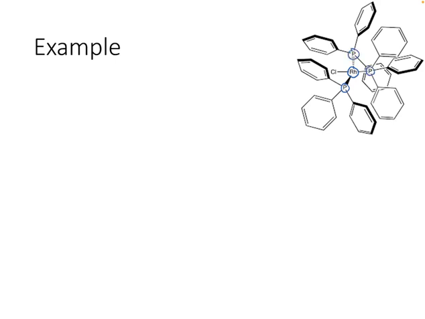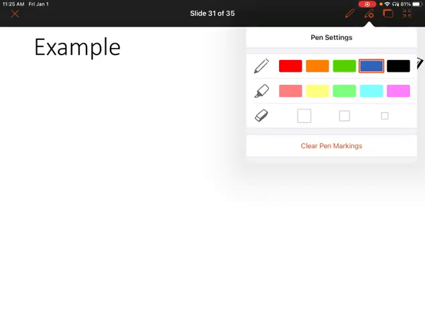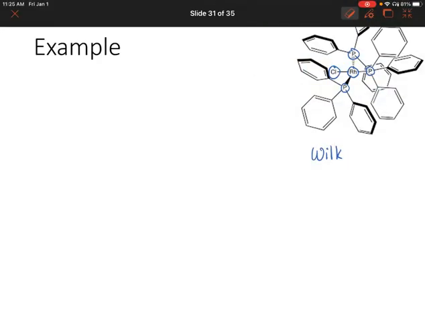And then those are all attached to multiple phenyl groups. There's also a chlorine in there too. So this is called Wilkinson's catalyst. Oops, I already spelled Wilkinson wrong. Wilkinson. There we go.